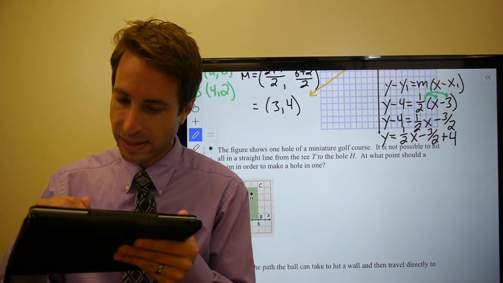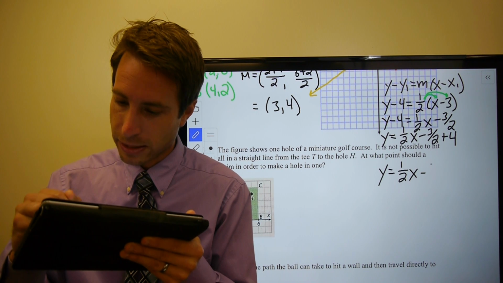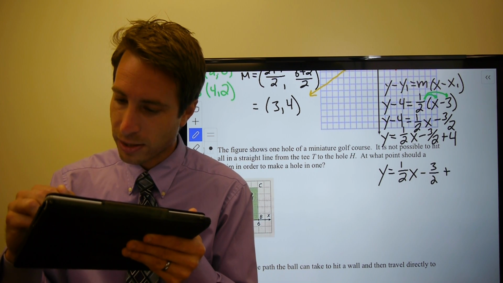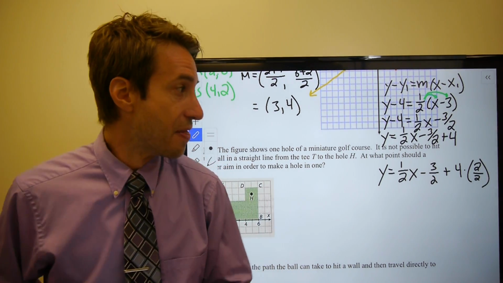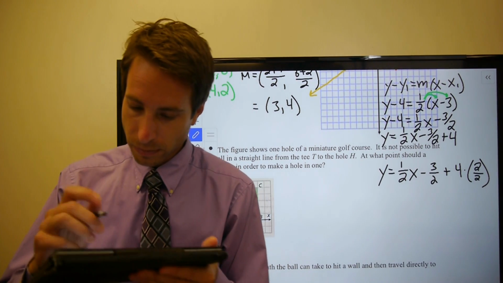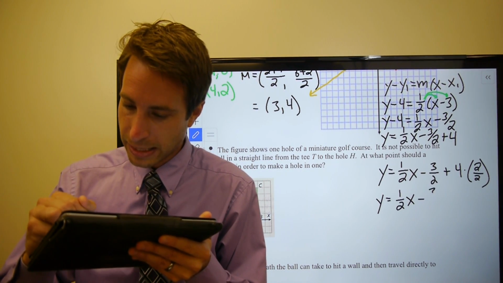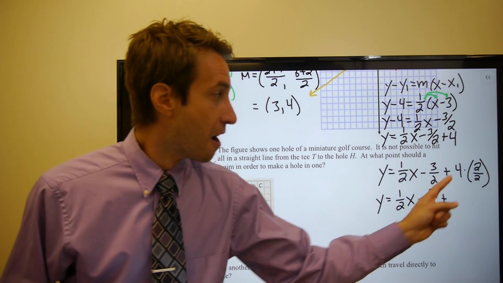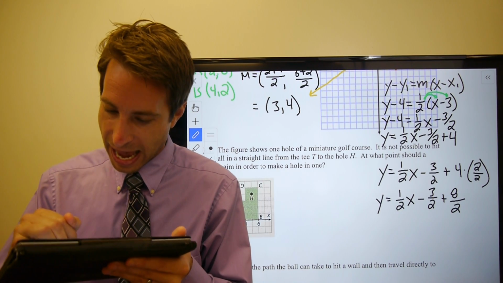Let me show you all my steps. y is equal to 1 half x minus 3 halves plus 4. I'm going to multiply that by 2 over 2. That gets me my common denominator of 2. So here we go. y is equal to 1/2 x minus 3/2 plus 4 times 2 is 8, so that's going to be 8/2.